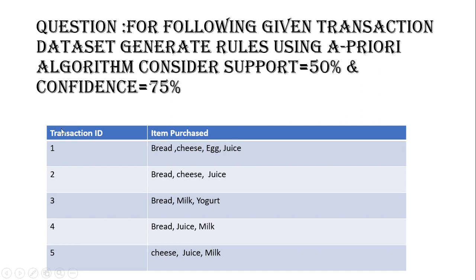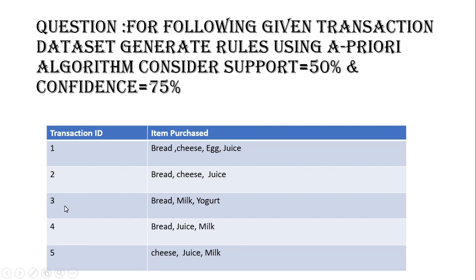Now some transactions are given here, the transaction ID and items purchased. How many transactions are we having? We are having 5 transactions. In the first transaction the customer buys bread, cheese, egg, juice. In the second transaction the customer has bread, cheese and juice.